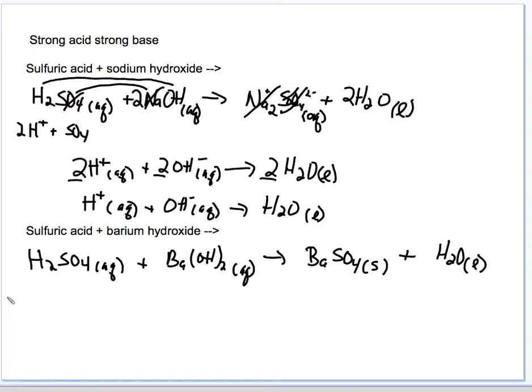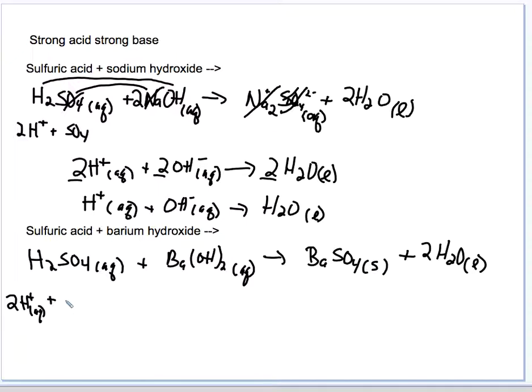base that's aqueous. So we're going to have two H+ (aq), plus a sulfate, and you know what? I don't know if I balanced the equation here, which I didn't, so we're going to have a 2 here.